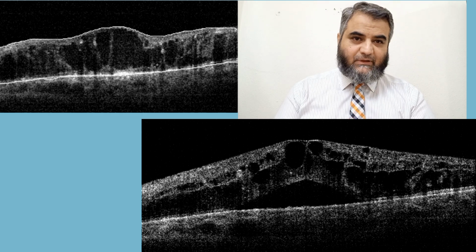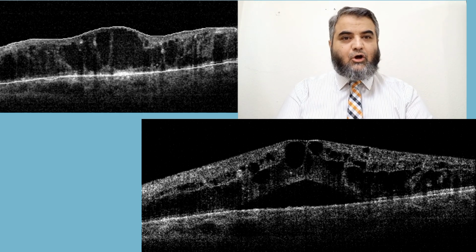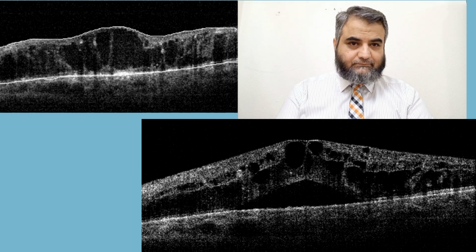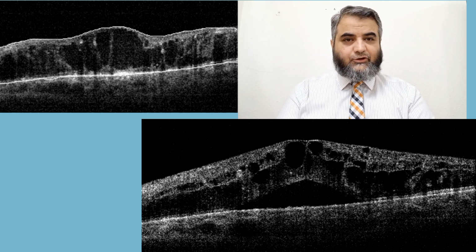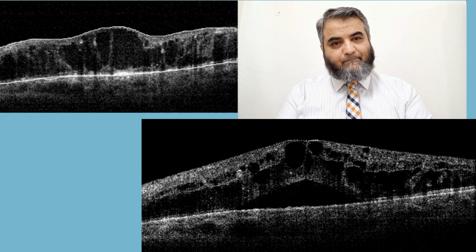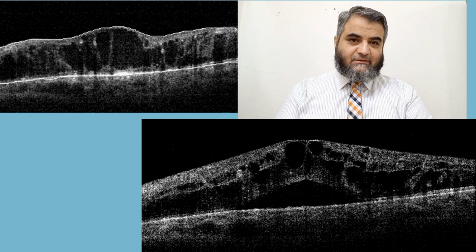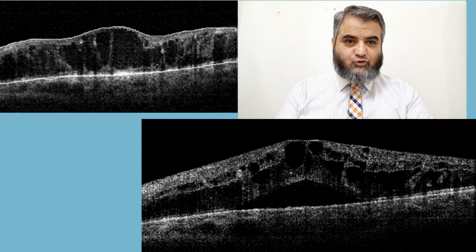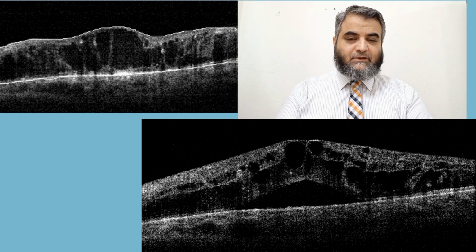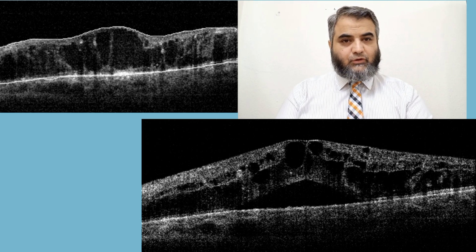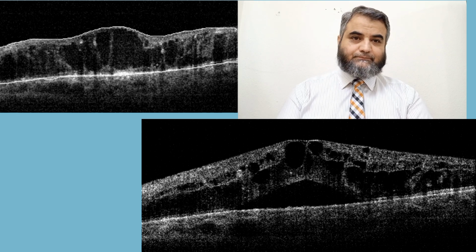This is a common cause of decreased vision and it has to be treated. The treatment is the use of anti-VEGFs. We can use ranibizumab, aflibercept, or even bevacizumab to control the macular edema.